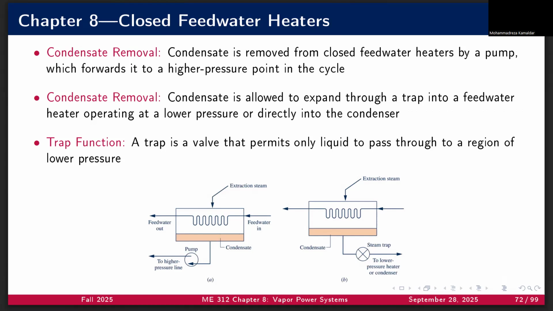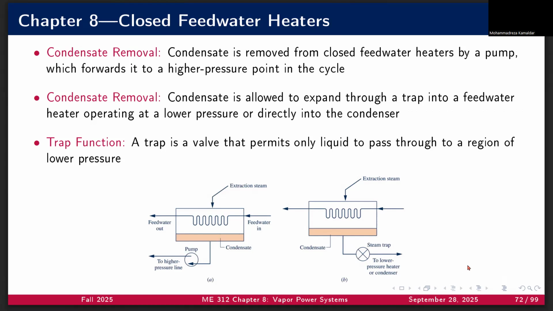So this brings us to the key function of this component, the steam trap. Basically, a trap is specifically a type of valve designed to permit only liquid to pass through. Its operation is based on the density difference between the liquid and vapor.